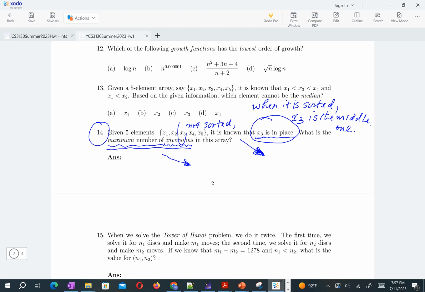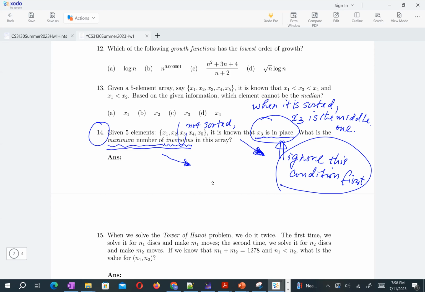So when you do the counting, my suggestion is to ignore this condition first. Forget about this x3 is in place. Then find the maximum number of inversions, so you can get an answer without this condition.